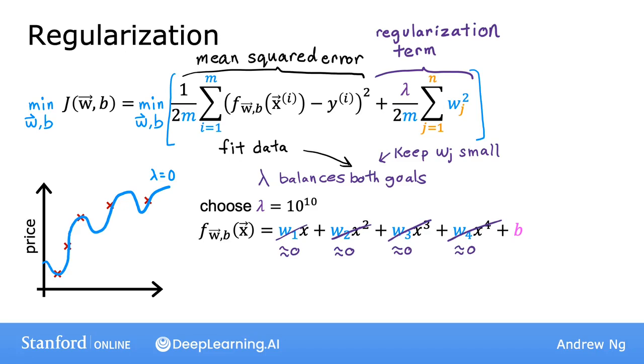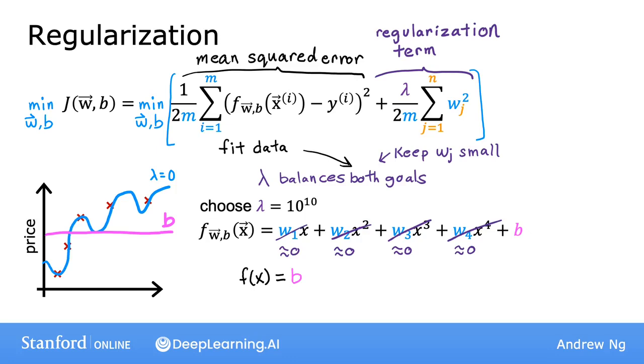And thus, f of x is basically equal to b, and so the learning algorithm fits a horizontal straight line and underfits. To recap, if lambda is 0, this model will overfit. If lambda is enormous, like 10 to the power of 10, this model will underfit.